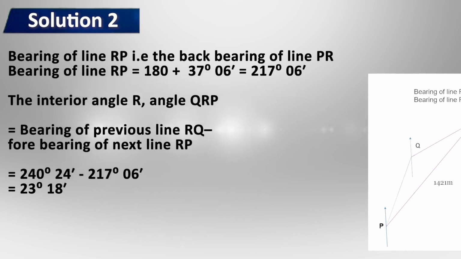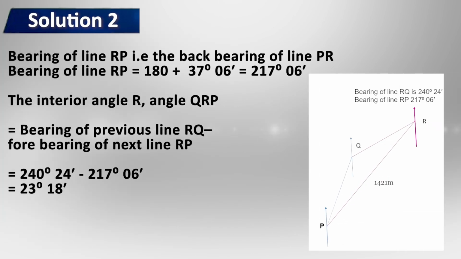So the bearing of line RP, that is the back bearing of the same line PR, would be, since the value is less than 180 degree, we will add 180 degree. The bearing of line RP would be 180 plus 37 degree 06 minutes, which is equal to 217 degree 6 minutes.